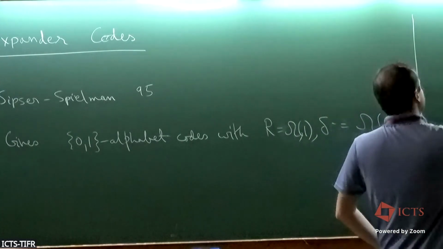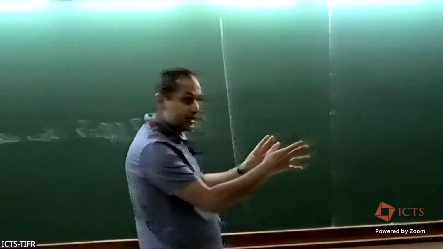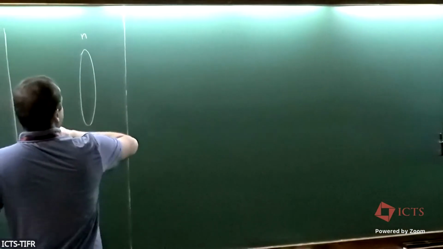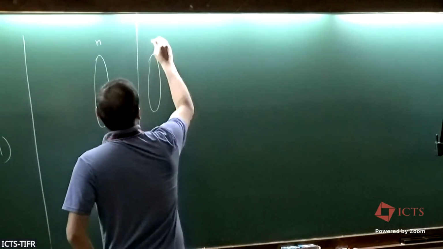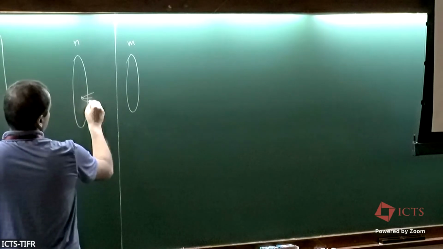Okay, so let's start with expander graphs. These are going to be expander graphs that are bipartite and imbalanced. So we're going to have n vertices on this side, m vertices on this side. All the vertices here are going to have degree c.